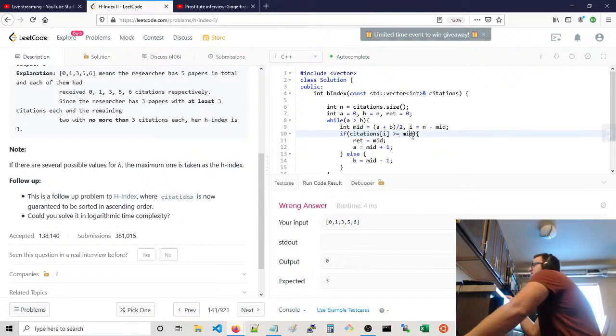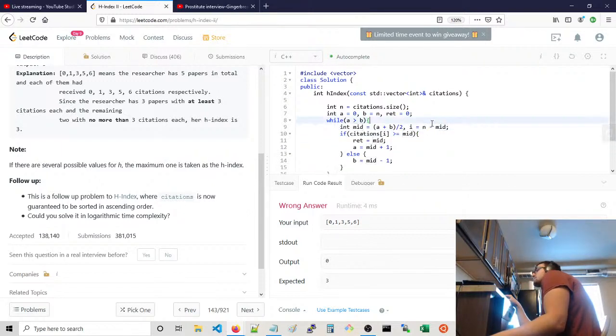I think I got the math wrong. But whatever this midpoint is for 2, we just want, yeah, we actually do want 3. That's actually correct. And ret is at least 2. Yeah, you do have at least 2, right? This value is 5, right?